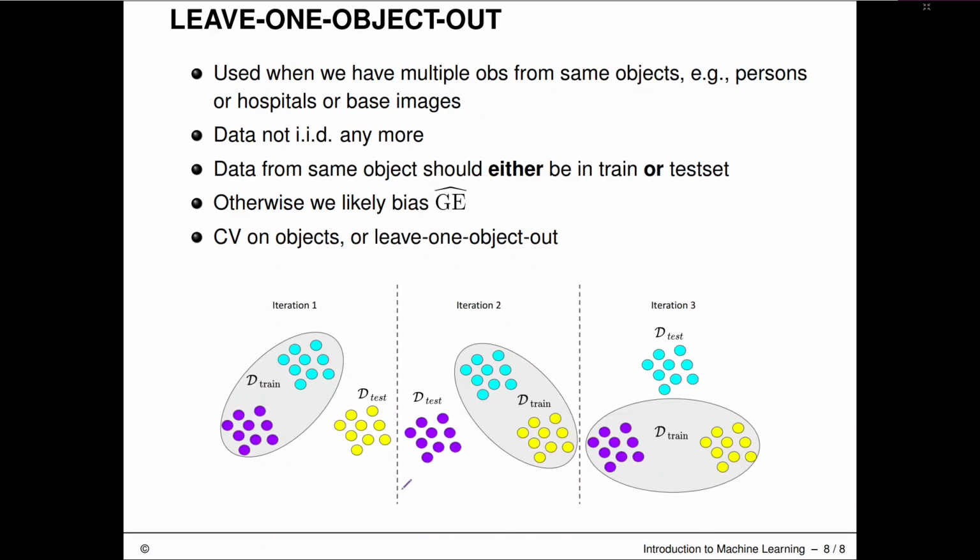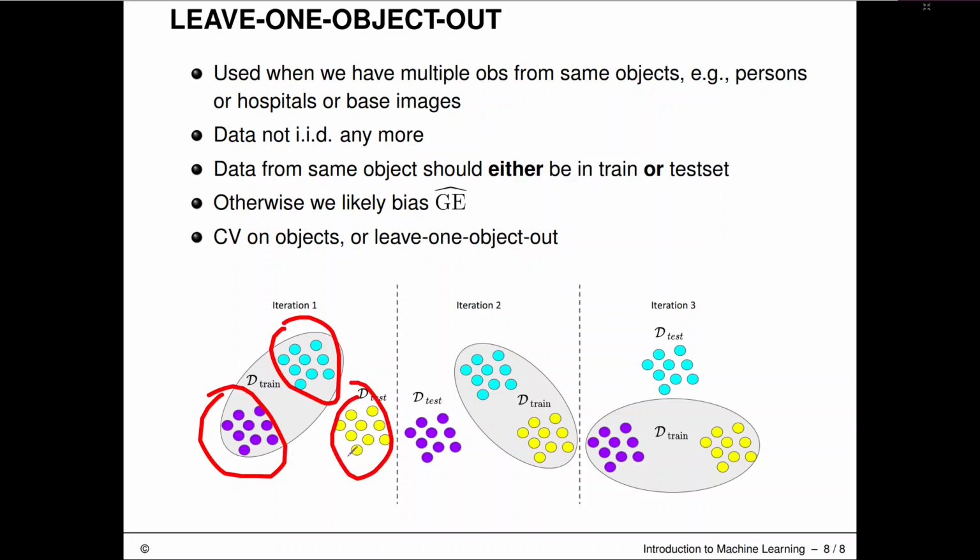So we usually run cross-validation on objects, not observations. So these instances, so these hospitals or these persons, or in the extreme case, we could leave one object out. And we have visualized this down here for 3 objects. So this purple, yellow, and greenish guy here. So this would be one instance, one object. This would be the second, and this would be the third.